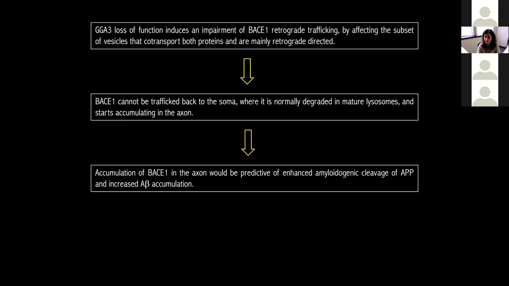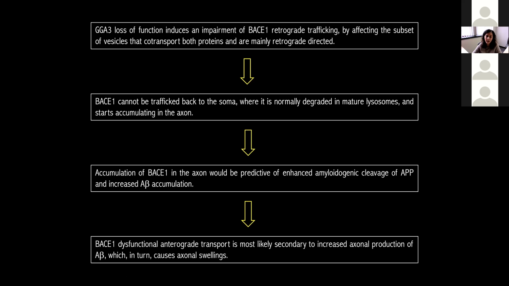Accumulation of BACE1, as I mentioned, would be predictive of enhanced amyloidogenic cleavage of APP and increased A beta accumulation. And this finally induces BACE dysfunctional anterograde transport that is most likely secondary to increased axonal production of A beta. And in turn, this will lead to the formation of axonal swellings.